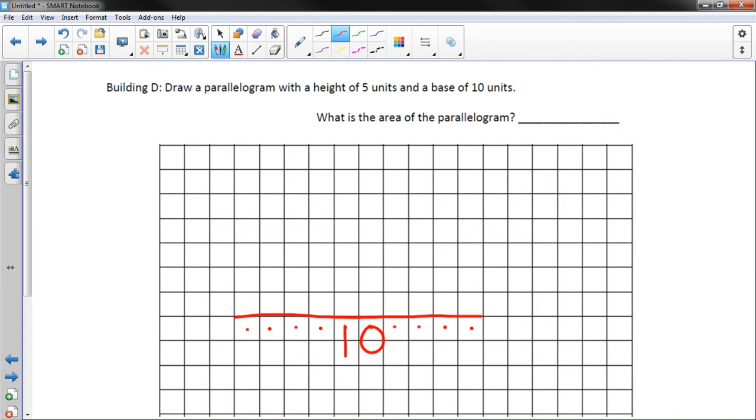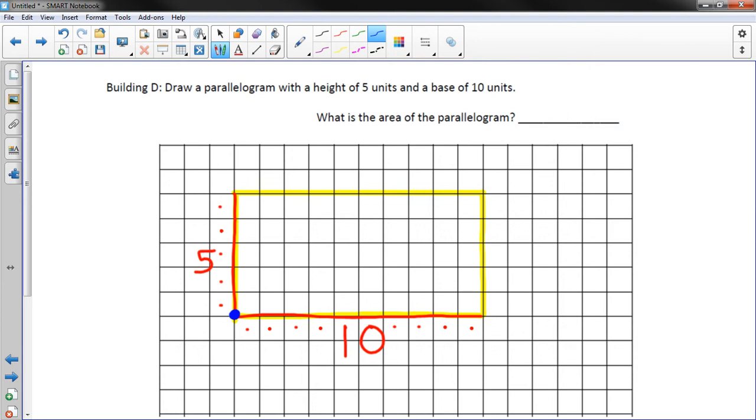And a height of 5. 1, 2, 3, 4, 5. And before I do this, I'm going to do a lesson I did earlier. I'm just going to kind of have this idea there's a rectangle there, and what I really want is a parallelogram. So it needs to be a little topsy-turvy, I guess, if you will.